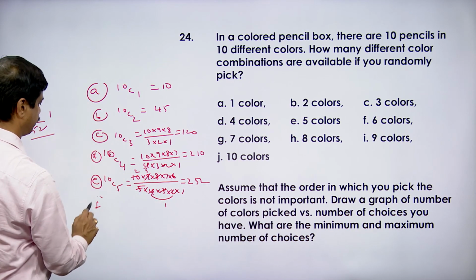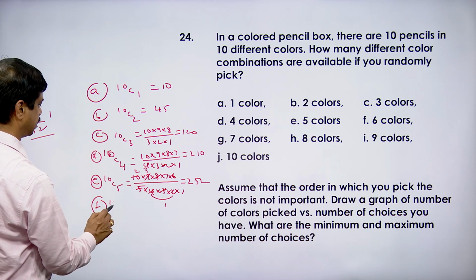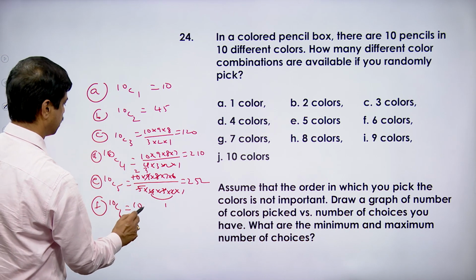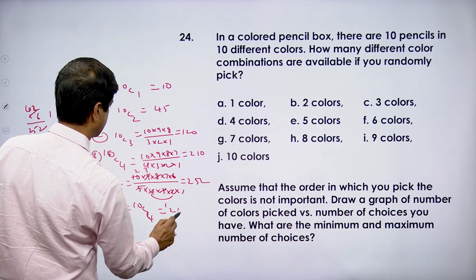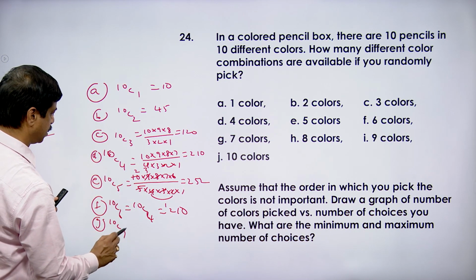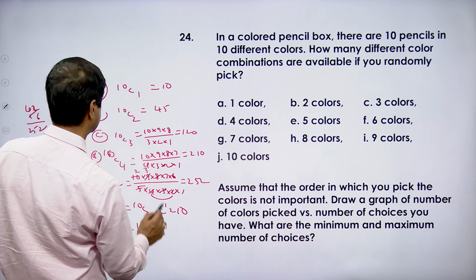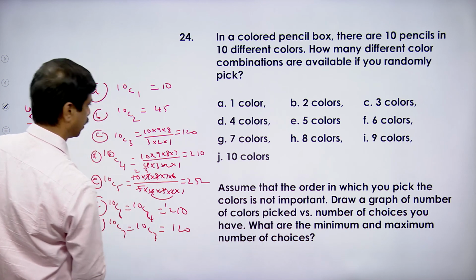And F, what is F? And so on, children. You can calculate 10C6, that is also equal to 10C4, that is 210. G, 10C7, that is also equal to 10C3, 120.